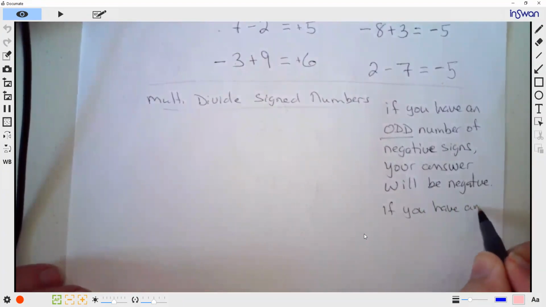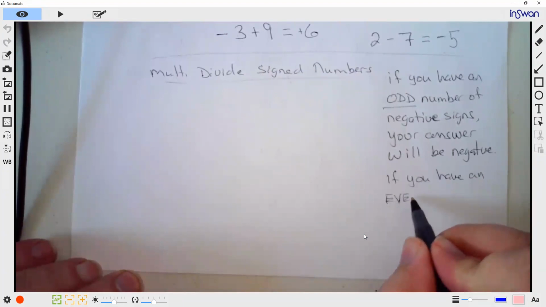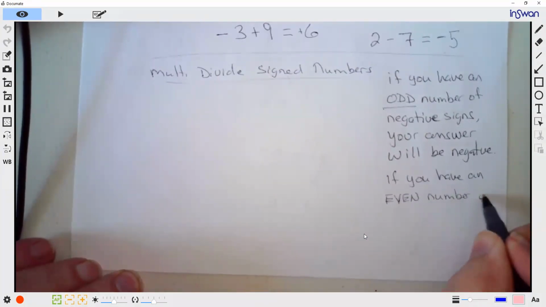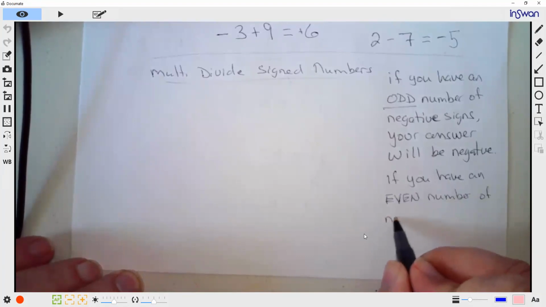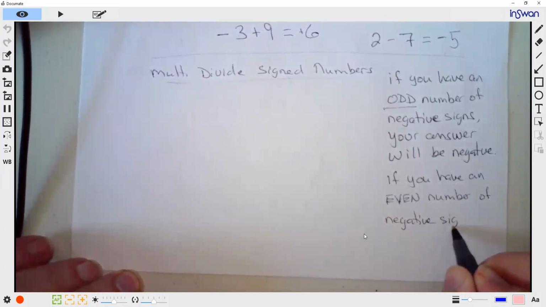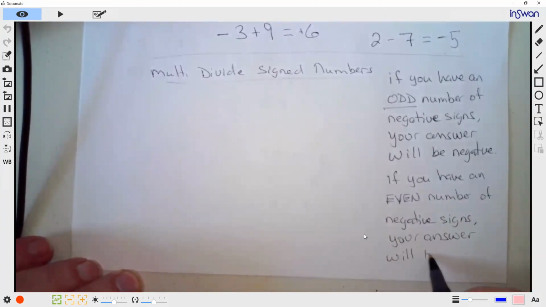If you have an even number of negative signs, your answer will be positive.